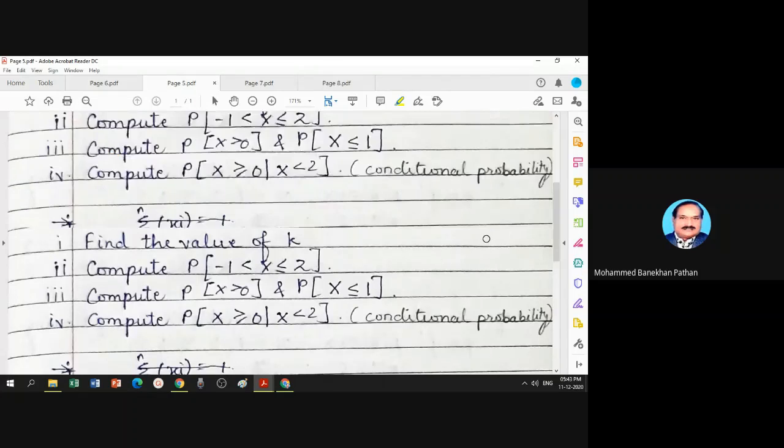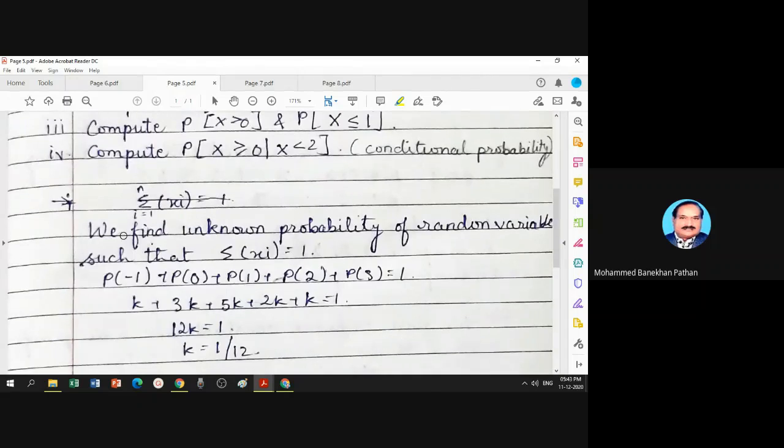So we try to decide the unknown constant k such that summation p(xi) should be 1. Everybody should make a correction here. It is not summation xi, it should be summation p bracket xi equal to 1.